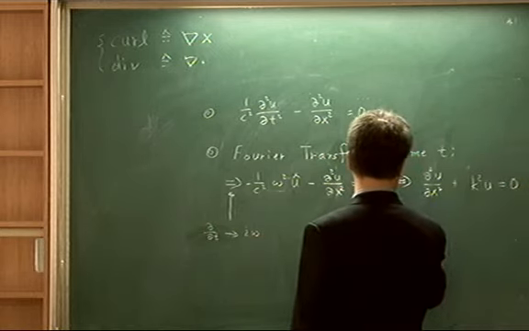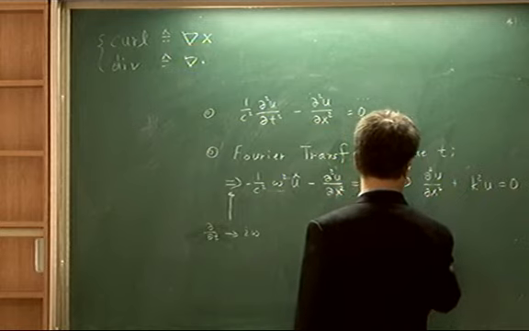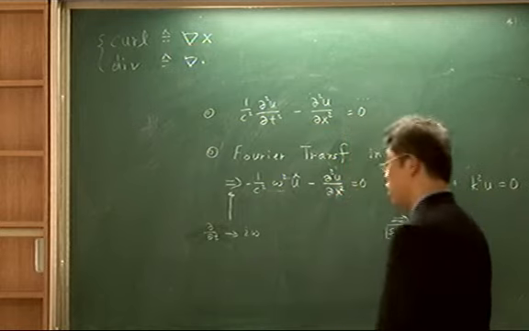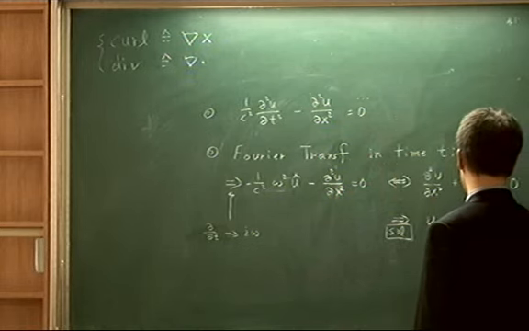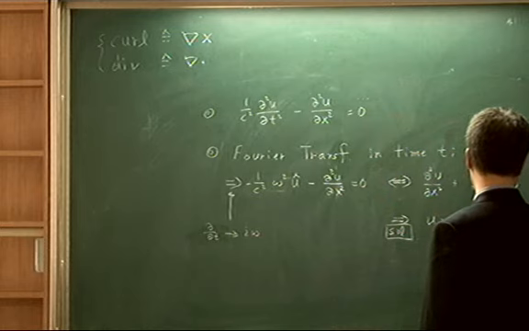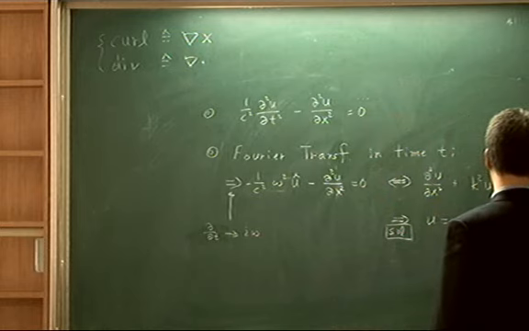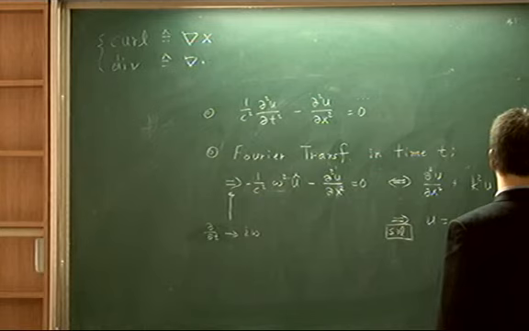The solution has two components: alpha 1 exponential function minus ikx plus alpha 2 exponential function ikx.